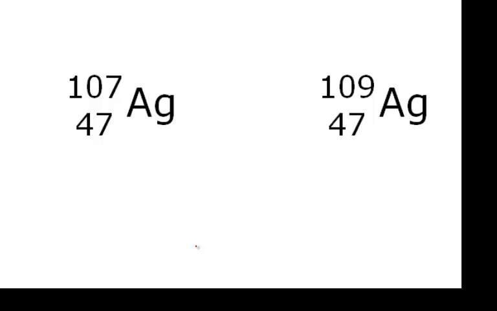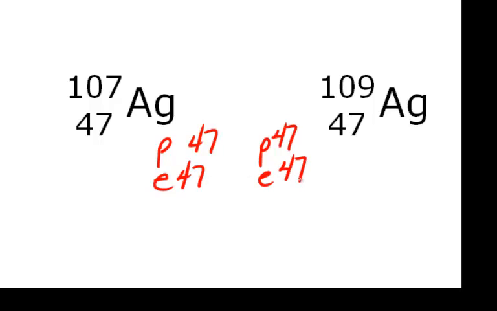One of the nice things about writing elements in isotopic nomenclature is it's very easy to figure out the number of protons, because it's 47 for both of them. The number of electrons is also 47 because the number of protons and the number of electrons remain the same.